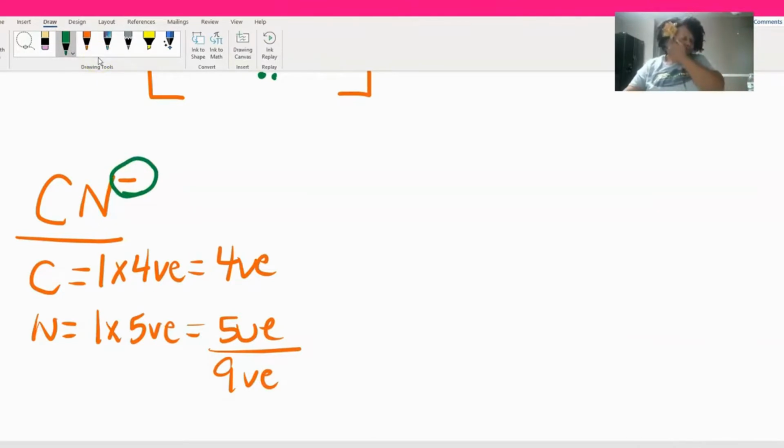And by the way, these are considered polyatomic ions. Cyanide is one of them. Because it's a negative charge, you're going to add that number to it: plus 1. So you end up with 10 valence electrons.